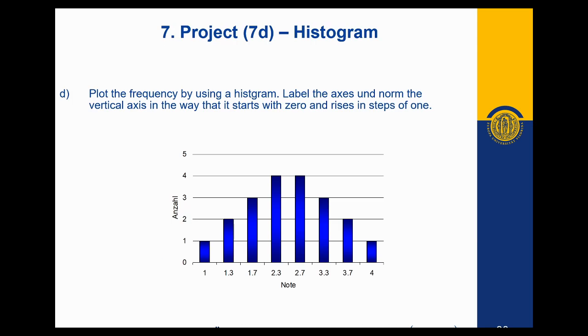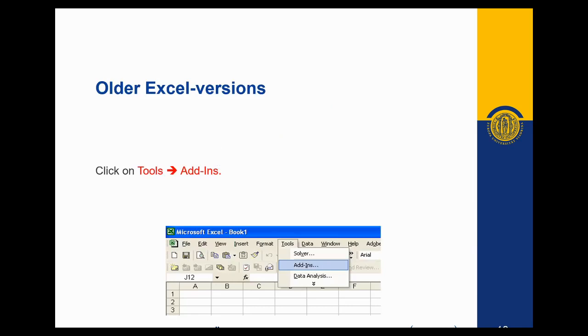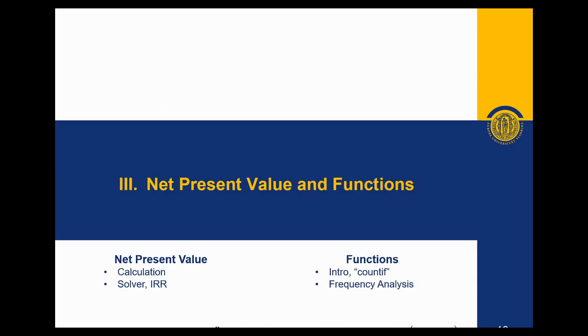So what have you seen in this video? Let me go back to the first slide that we had today. First, we calculated the net present value. We used Solver to calculate the internal rate of return. So you have seen basic calculations, you used the first function, which was SUM, and you saw how to use the Excel Solver.